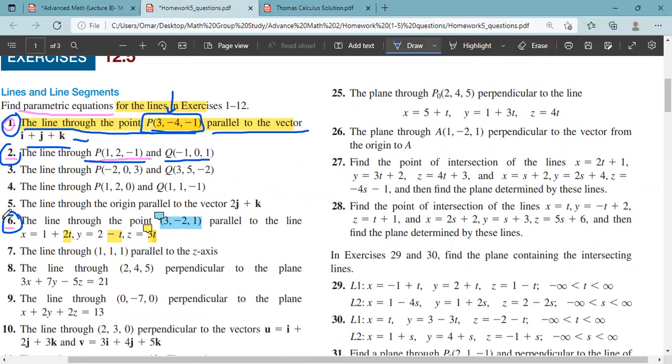And in the sixth question we are given a point and three equations, right? So these three questions are very different, but the ideology is the same. Okay, so now let's see how we can find those.